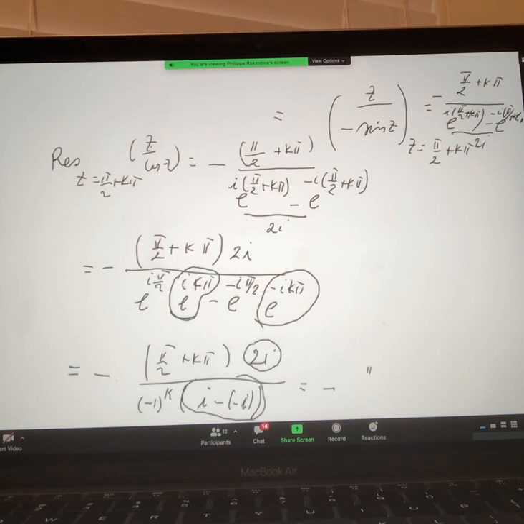Negative pi half plus k pi divided by negative 1 to the k. If I bring this negative in here, I end up with negative 1 to the k plus 1. Pencil is dying. Let me find another one.